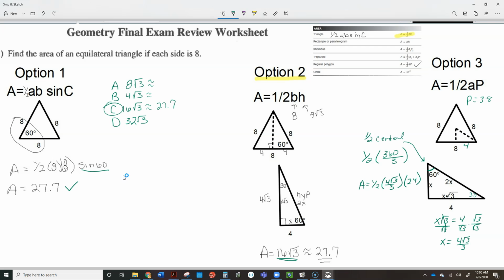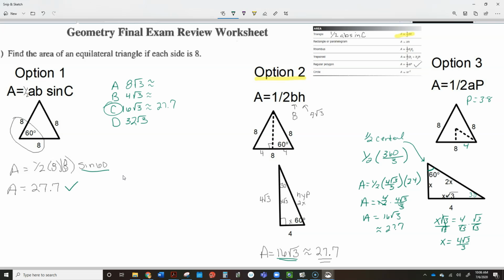So let's see, half of 24 is 12, and then we get 12 times 4 square roots of 3 over 3, and then that 3 will cancel out with that, leaving that 4, and that gives me 16 square roots of 3, which is the same thing that I got down here, which we all know is about 27.7.